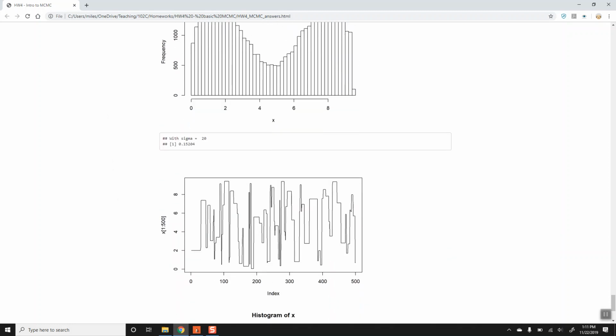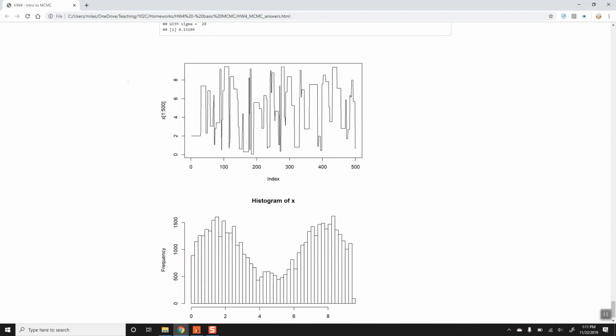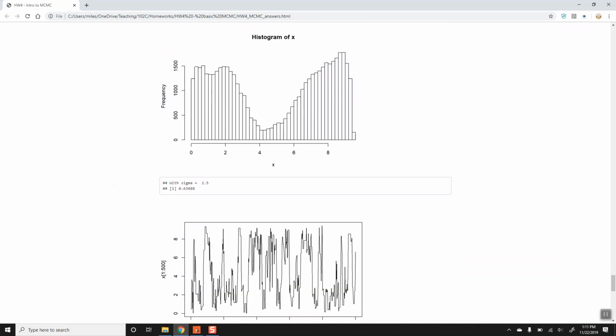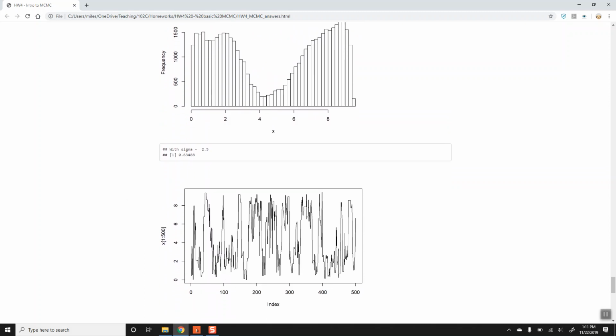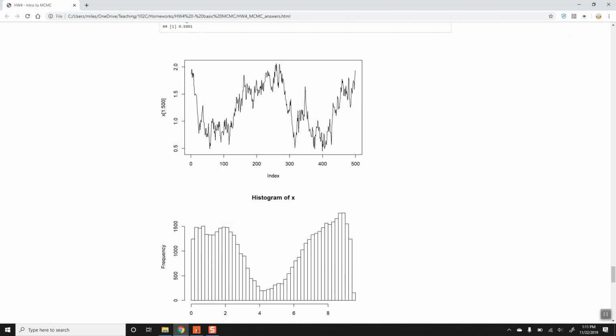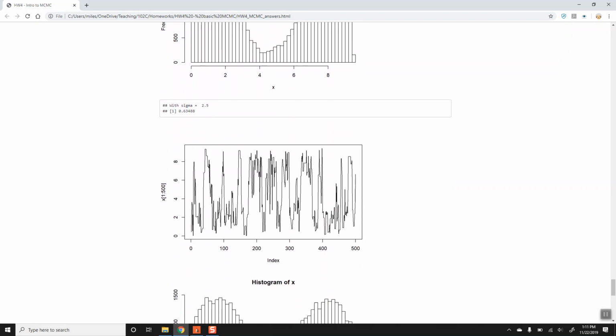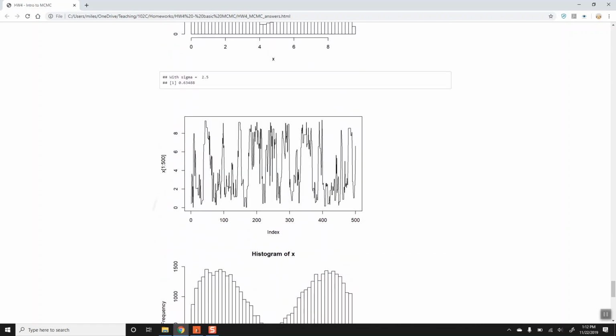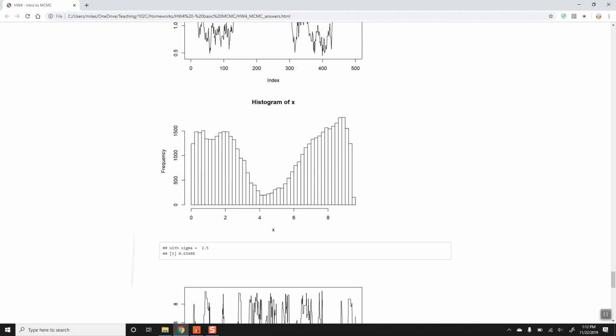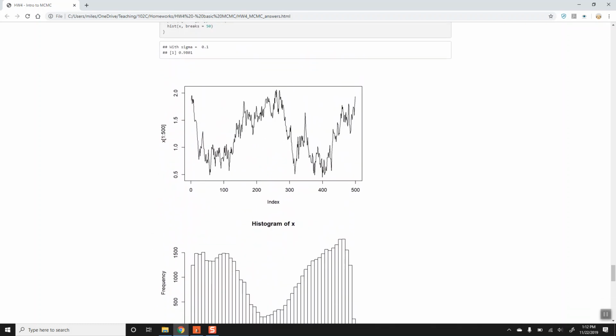I'd say all 3 kind of get it, but maybe not the first one. When you look at the chain itself, we see something that looks almost like a cityscape, like the New York skyline. Then this is a lot more jagged, and this is all over the place. Of course, your plots will look different from mine.